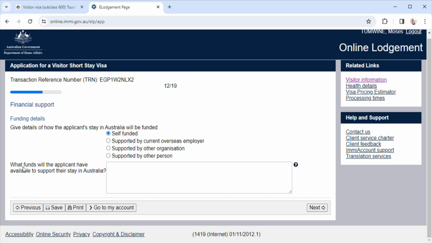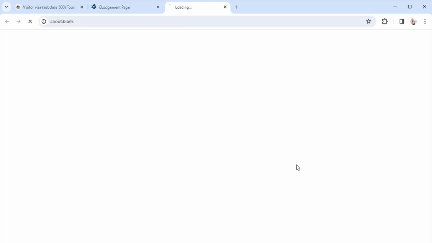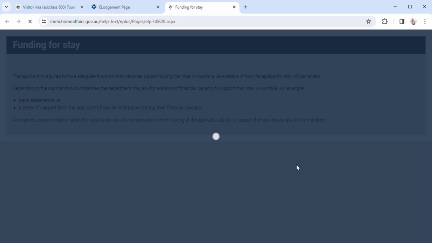So what funds will the applicant have available to support the stay? Here you put maybe you will be with 1,000 Australian dollars. Here you can click on the question mark. They usually tell you. You understand, guys? They usually answer that question according to what you have.